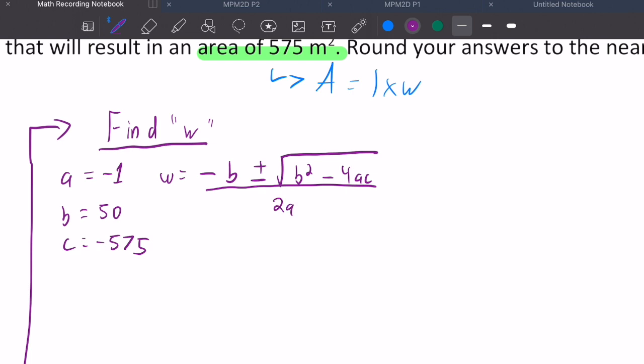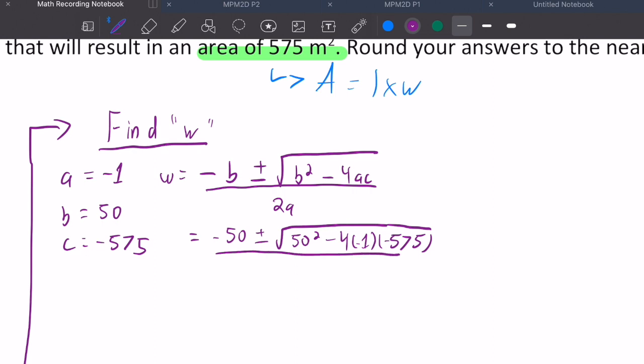And what we're going to do is sub in our information. So we get negative 50 plus minus the square root of 50 squared minus 4 bracket negative 1 bracket negative 575 all over 2 bracket negative 1.